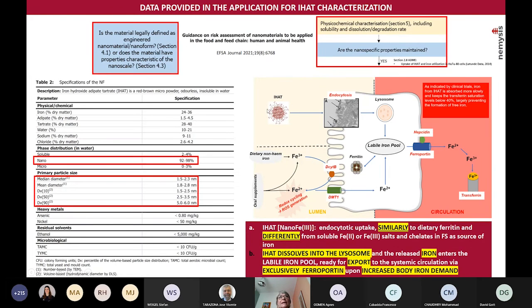So at the end, taking into account the implemented guidelines for the definition of an engineered nanoform, you can see that IHAT is surely a nanoform. These are the median diameters of the primary particle size.